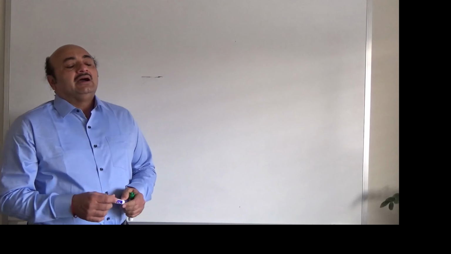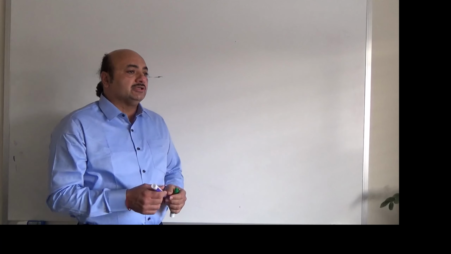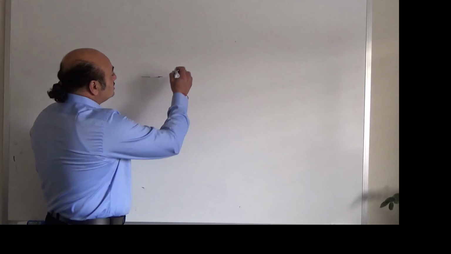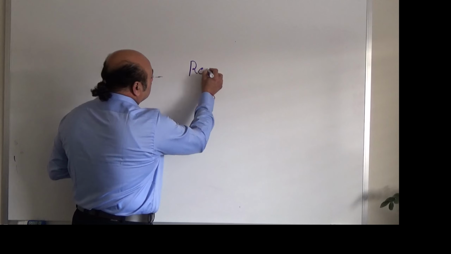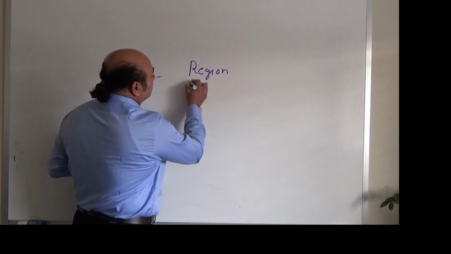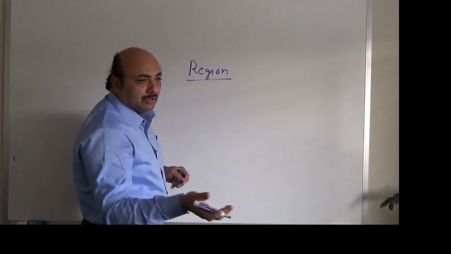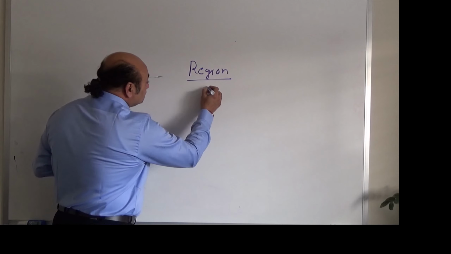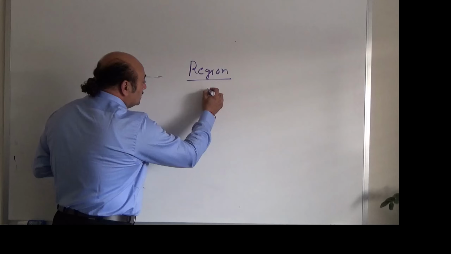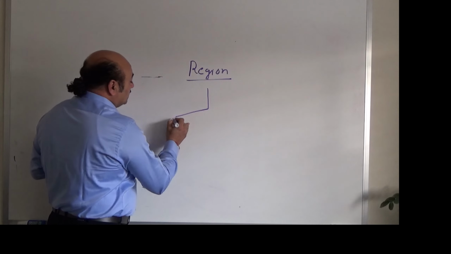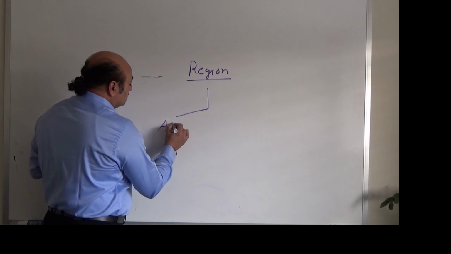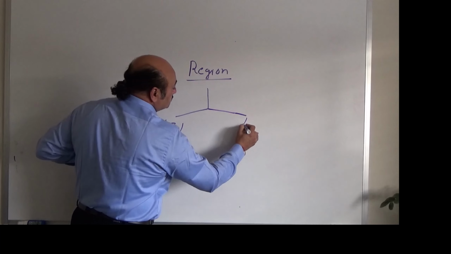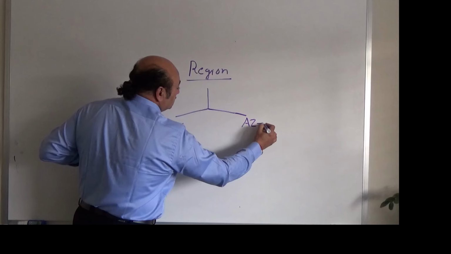Okay. Under the region comes the concept of availability zones, right? So here's the region. I'm just picking one region, let's say India, Mumbai or AP South, whatever you want to call it. Under the region, there will be a bunch of what we call availability zones. 2 or more availability zones may be there.